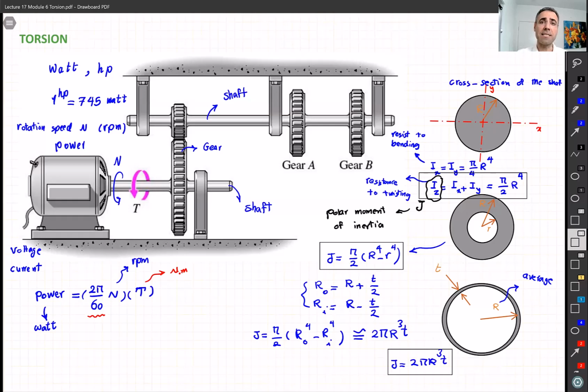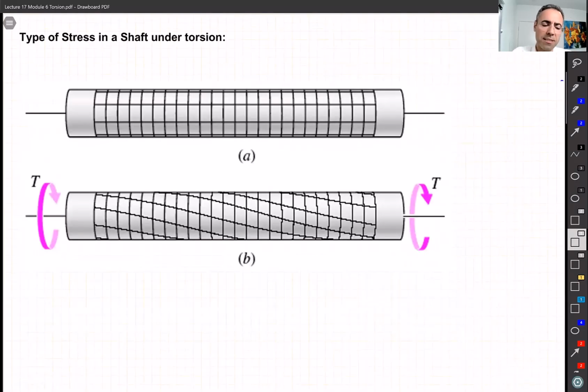Our first task is to figure out, when we twist the shaft, what is the type of stress created in the shaft. To understand that, imagine that a shaft is made out of lots of discs being glued together, like the one that we showed here in picture A, all right? Lots of discs, we put them together next to each other and glue them together.